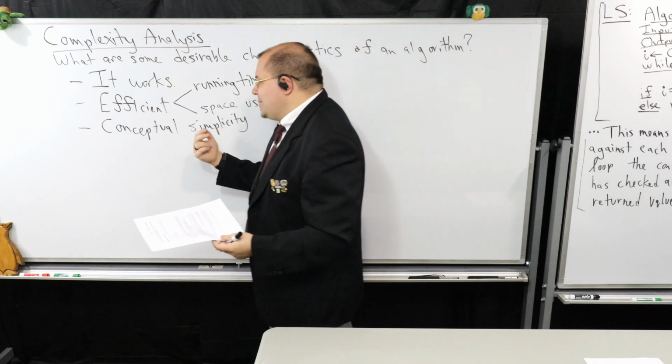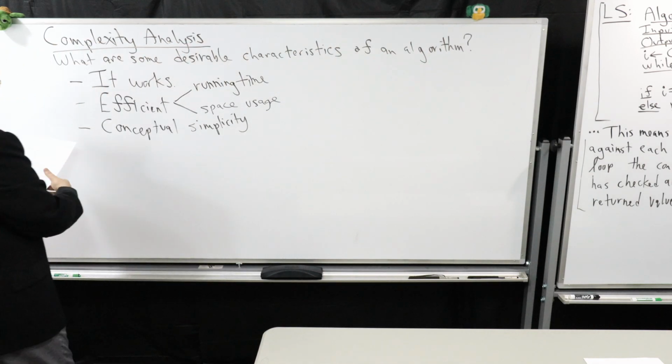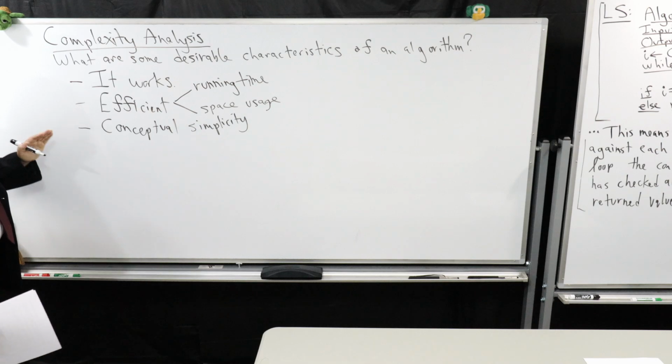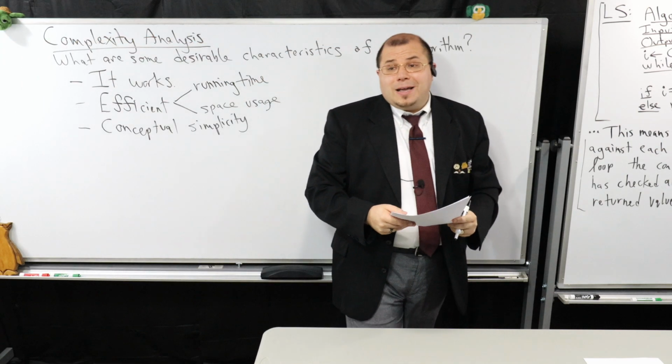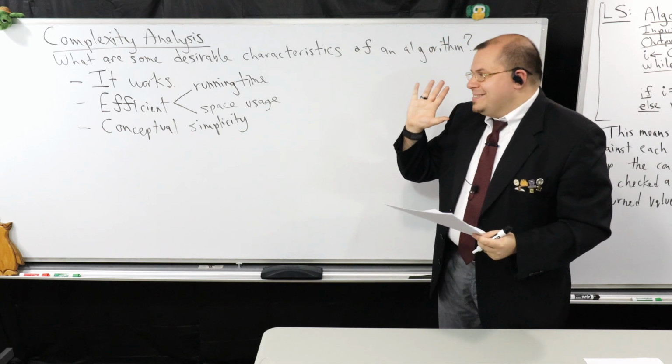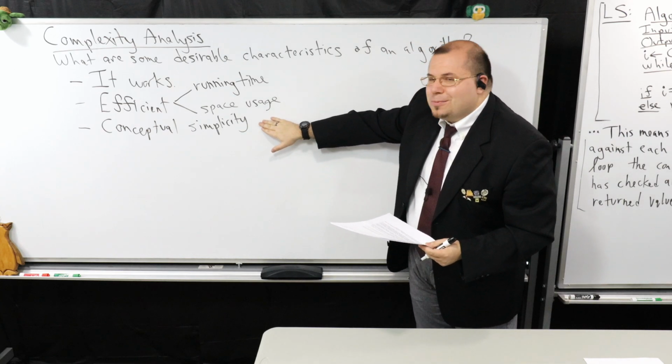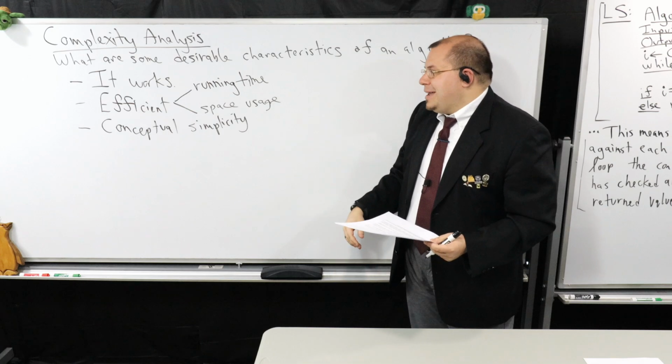Generally, we want to try to keep things simple if we can. That's a nice trait of an algorithm, but sometimes it's not really important because sometimes the problem's very difficult. But it depends.